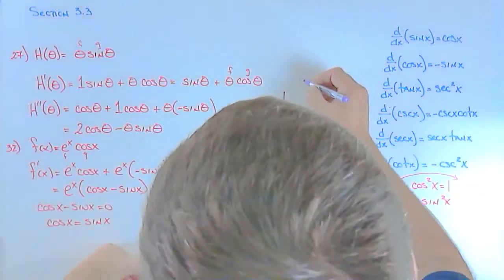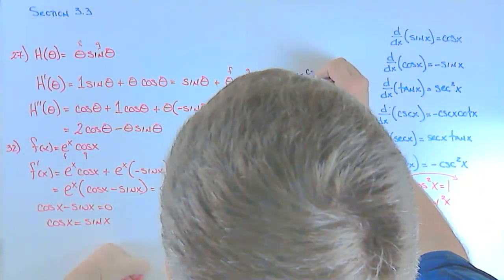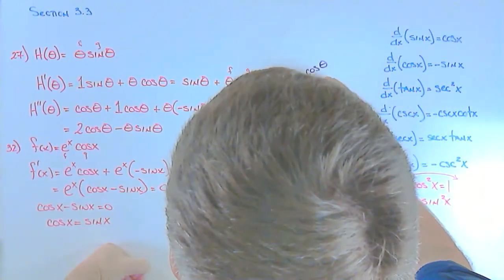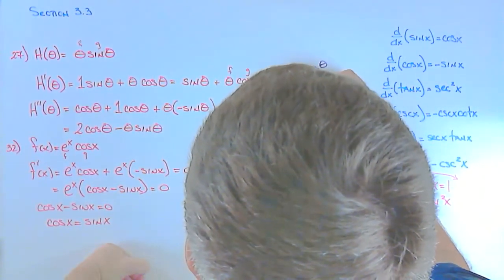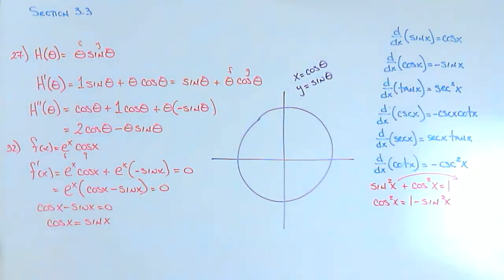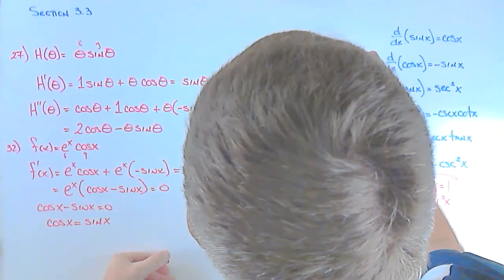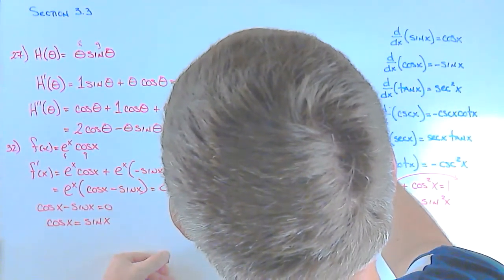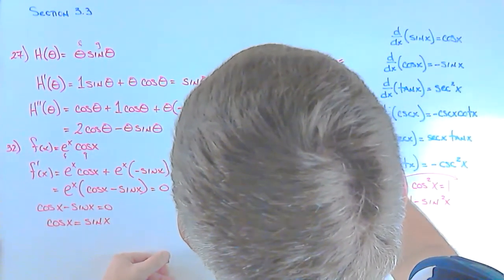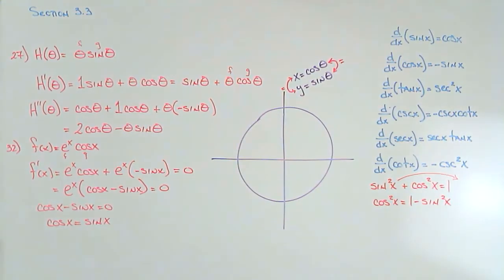We said on the unit circle, x equals cosine of theta. And we said y equals sine of theta. That's what we said, where theta is the central angle. So what we're being asked here, in essence, is, when does cosine equal sine? When do these equal each other? I.e., when does x equal y?